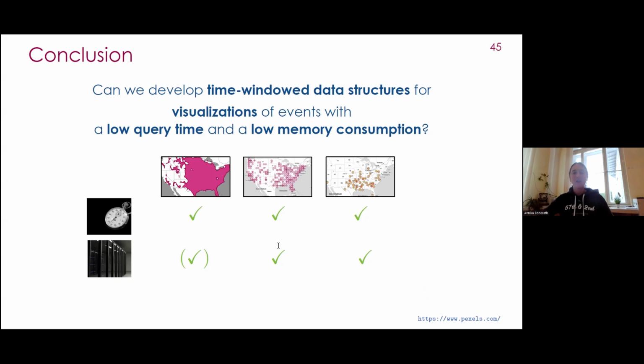All of them have a low query time, and for the alpha shapes, there are brackets around the check mark because there is only a proof for uniformly distributed labels of subquadratic memory consumption, but all our real-world experiments also supported a reasonable memory consumption, so we are quite happy with this.